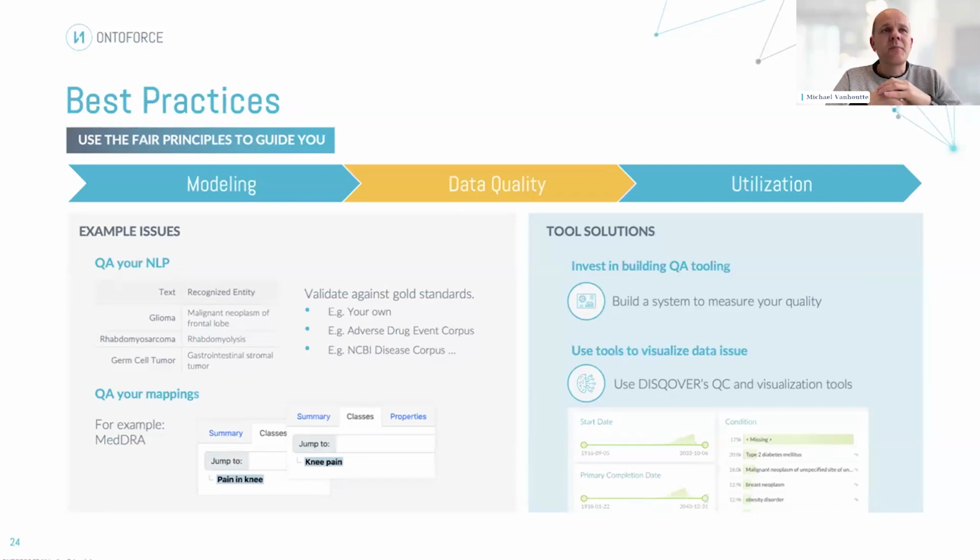But if you don't want to spend too much time developing that kind of tooling, a product like Discover also has some out-of-the-box tools that really help with that kind of analysis. Two that I specifically want to emphasize: the data ingestion engine in Discover has quality control capabilities, allowing you to respond to changes in data or errors in your data so that you can notice these things quickly.